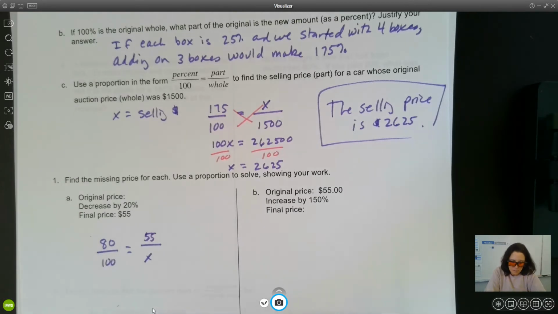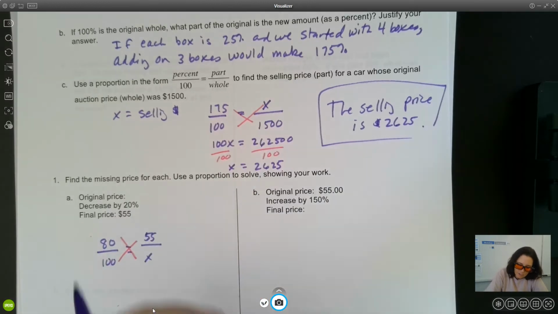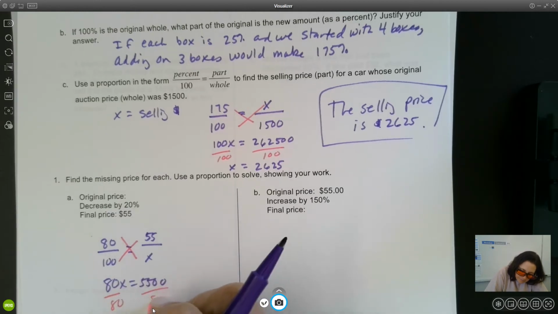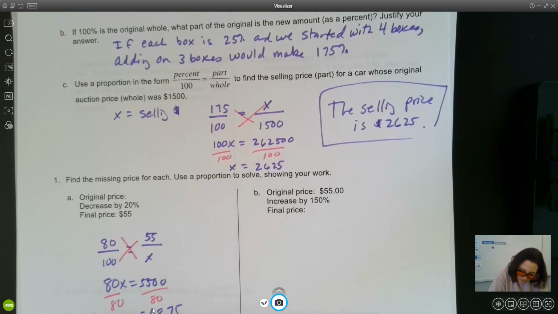Okay, so when we solve this, we would have 80x equal 5,500. Divide by 80. That comes out to be 68.75. So the original price is $68.75.